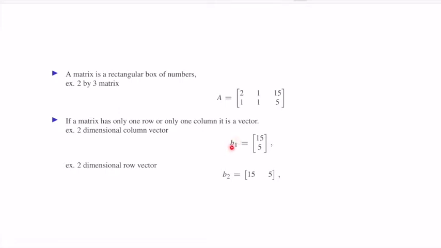B sub 1 is a 2 by 1 matrix. B sub 2 is a 1 by 2 matrix. And we say that if a matrix has only one row or one column, then it is a vector. So vector is a special kind of matrix.